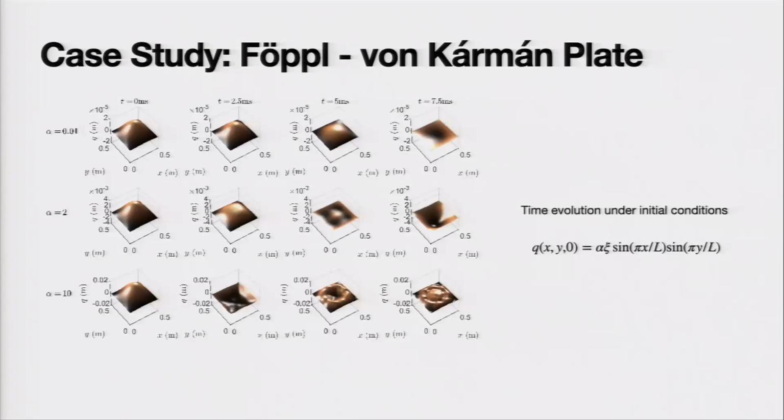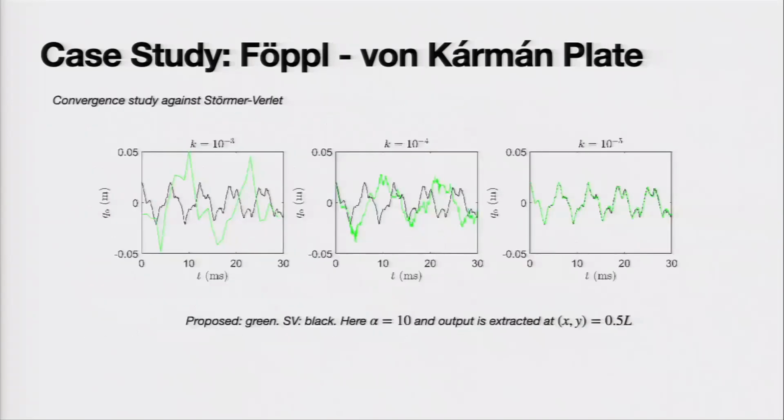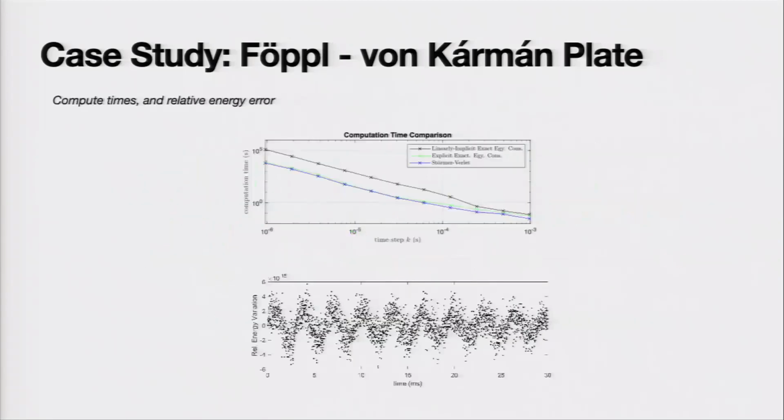Again, sanity check: you check that the scheme gives you the same result as Sturmer-Verlet when the time step is small, and that's what's happening, so that's fantastic. And again, compute times. We had a previous scheme, which is the scheme I had during my PhD.